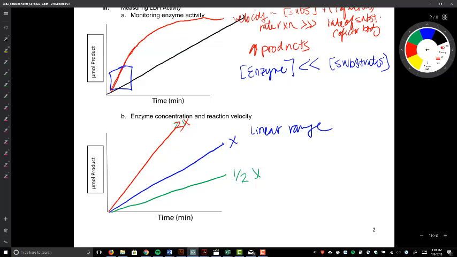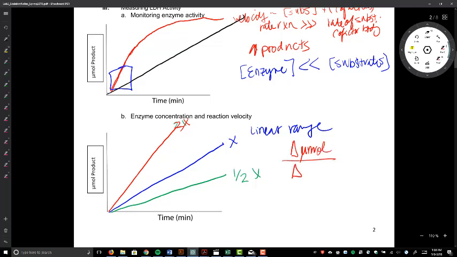And the way that we can measure the rate from the micromoles of product formed per minute is by taking the slope. So the change in the micromoles of product formed and the change in time. So the micromoles of product formed per minute.